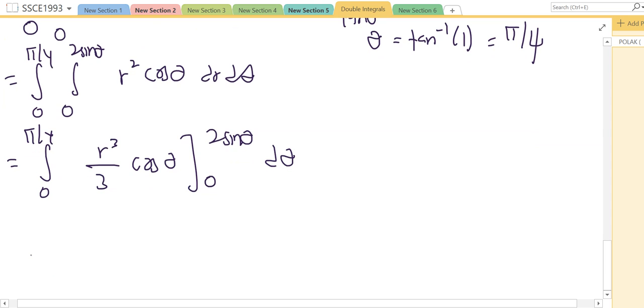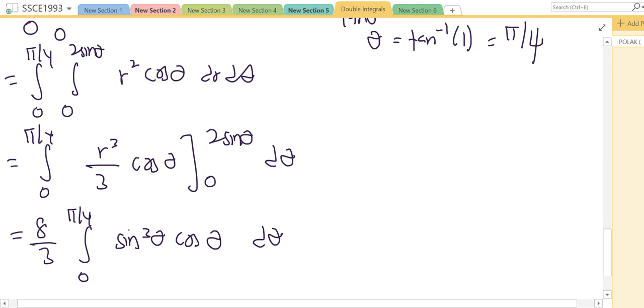From here, if we take out the constant 8 over 3, we have the integral from 0 up to pi over 4 of sine cubed theta cos theta d theta.